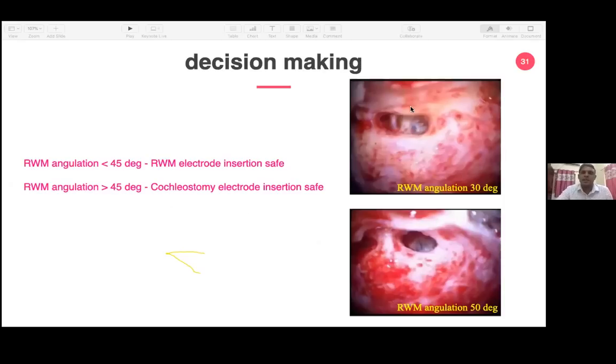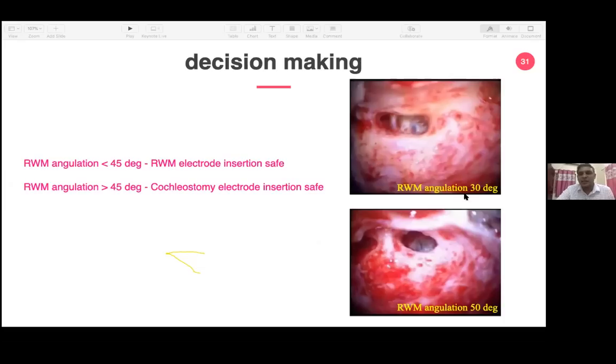After you do an adequate posterior tympanotomy, adequately drill the round window niche, and expose the round window membrane, the angle between the surgeon's line of sight from the posterior tympanotomy and the round window membrane is the round window membrane angulation.